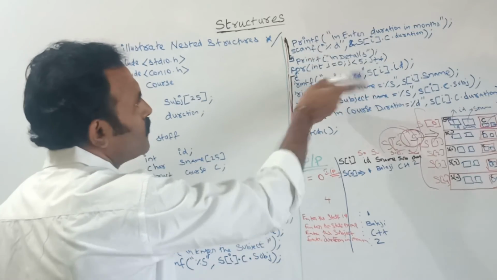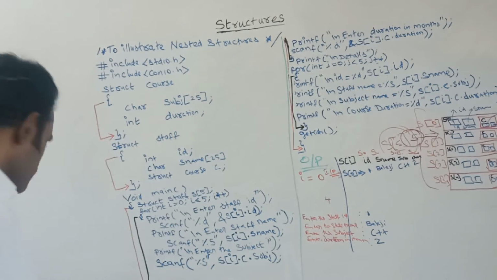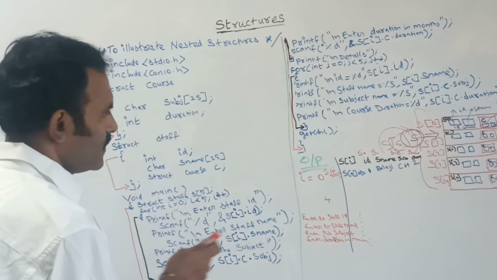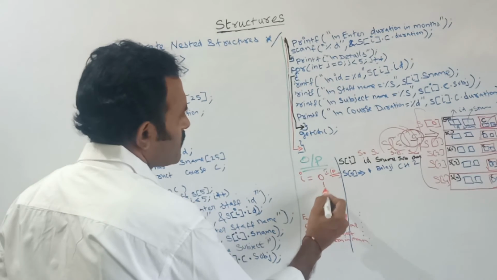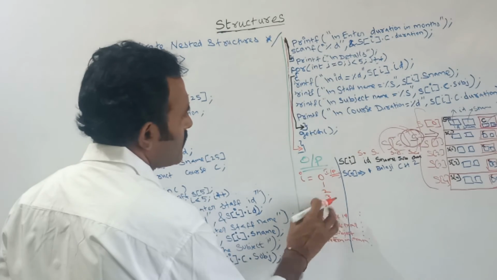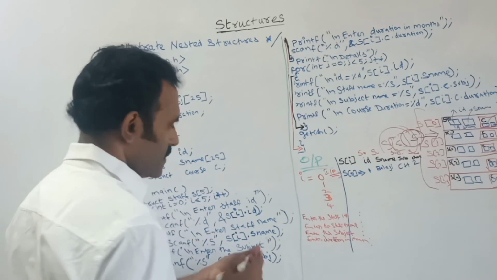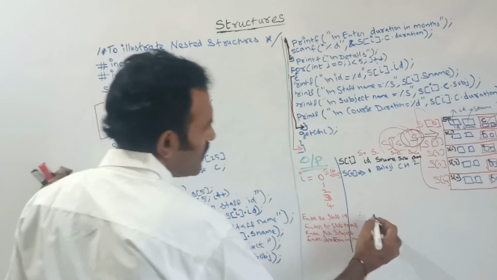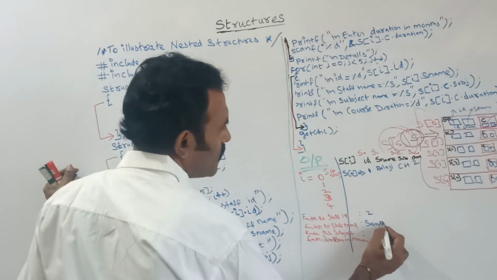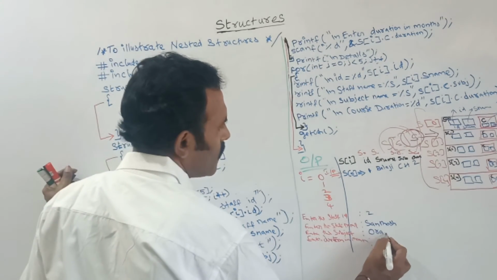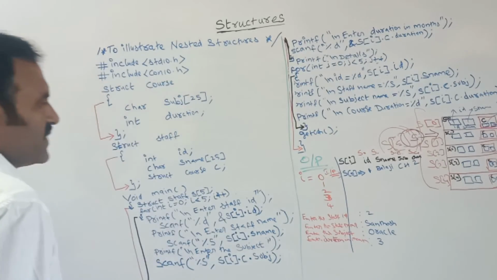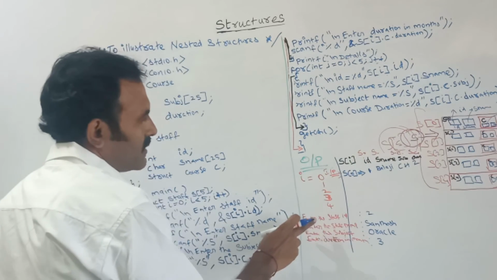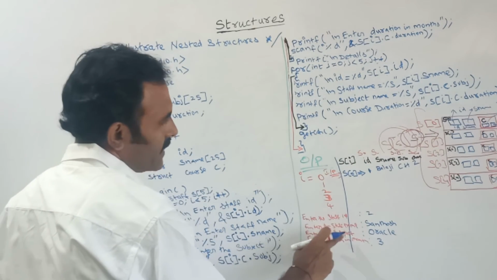In a similar way, this is the first position, second position, third position, and then the fourth position. Suppose you are giving the data for the first location: staff ID 2, staff name Santosh, and enter the subject.